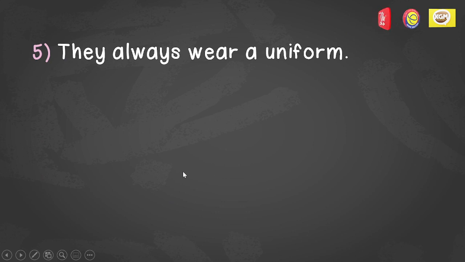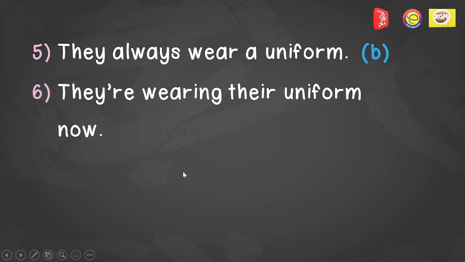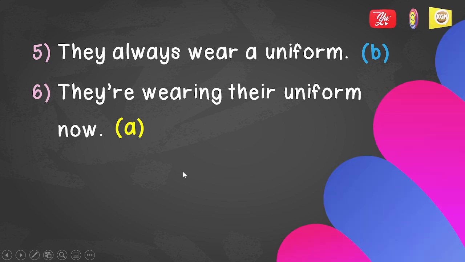They always wear a uniform. Yay, it's B, simple present. And the last one, they're wearing their uniform now. Hooray! If you say A, then you are on the right track.